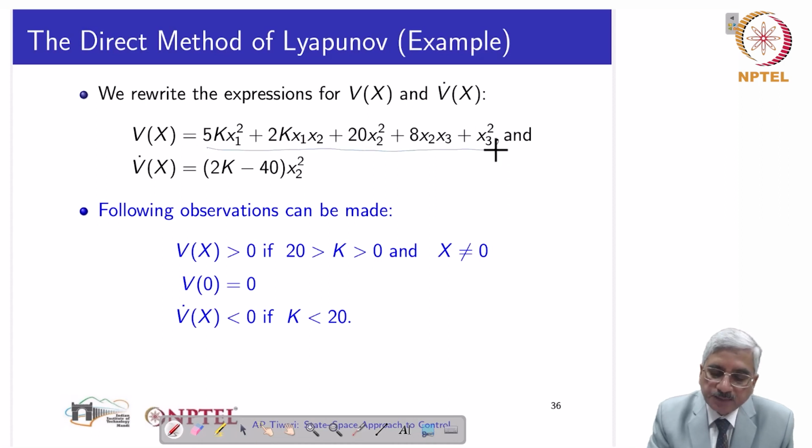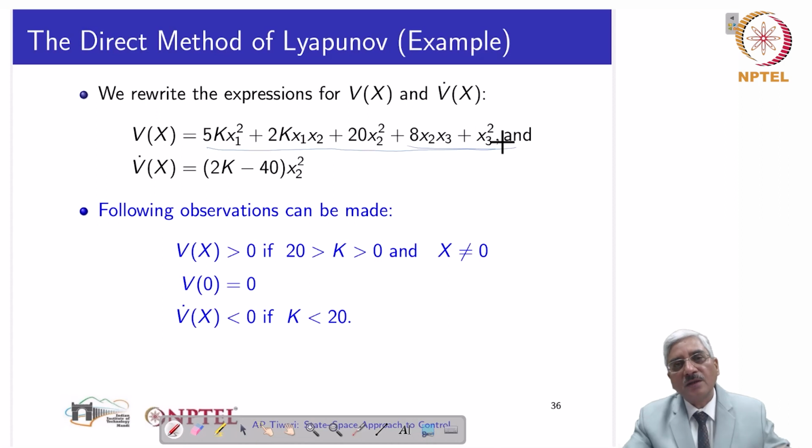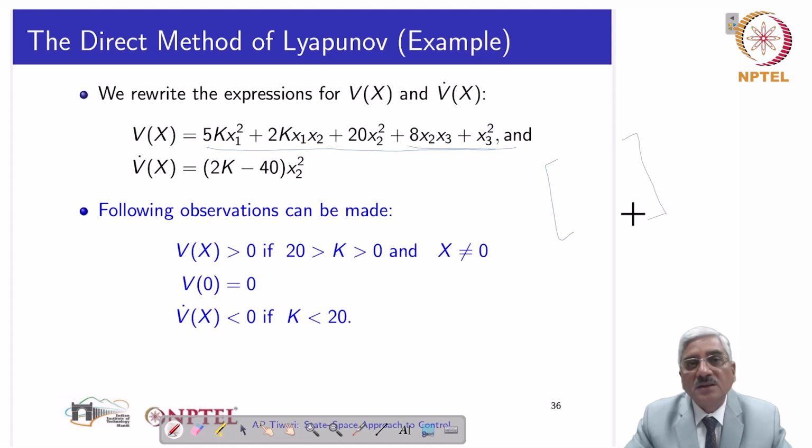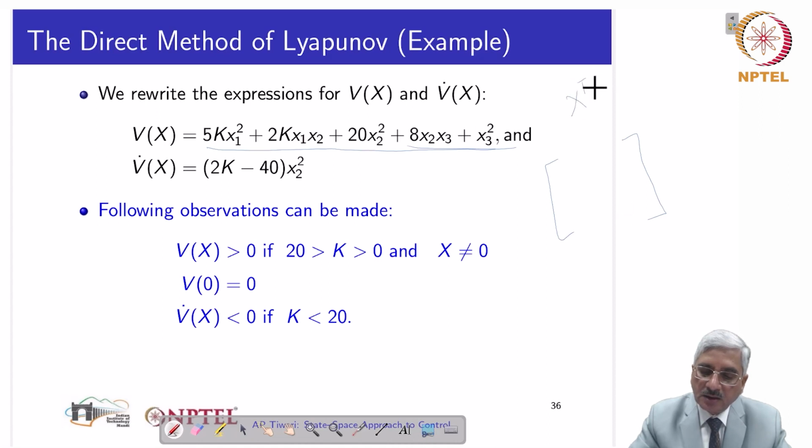As I said, in order to see the positive definiteness of a quadratic form, we can see the matrix R. So in this case, if Vx is x transpose Rx, then R will be 5k, then 2k x1 x2 will give a k here and a k here, then 20 x2 square will give a 20 here, 8 x2 x3 will give 4 here and 4 here, and x3 square will give 1 here.